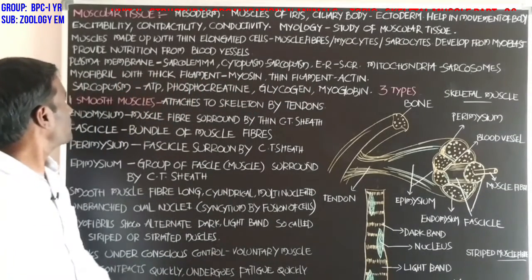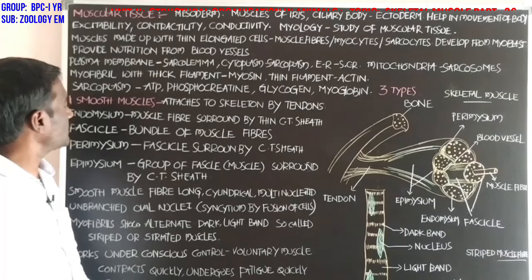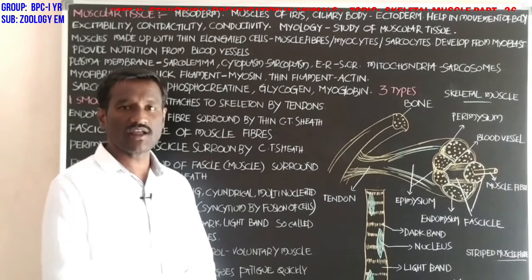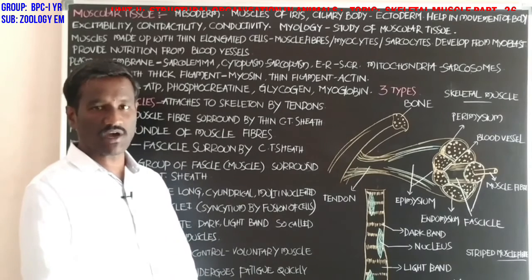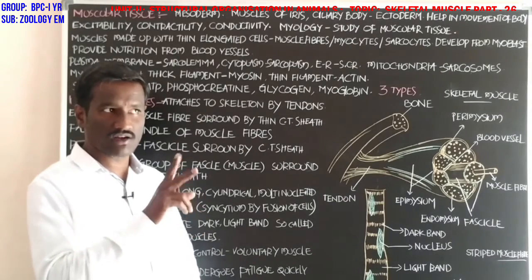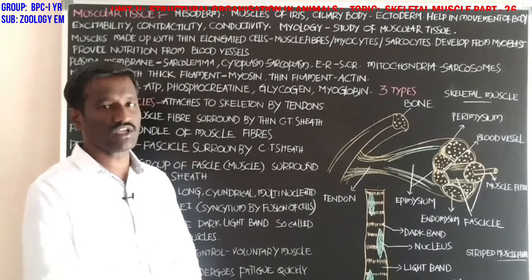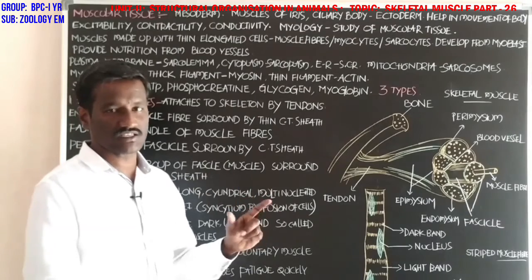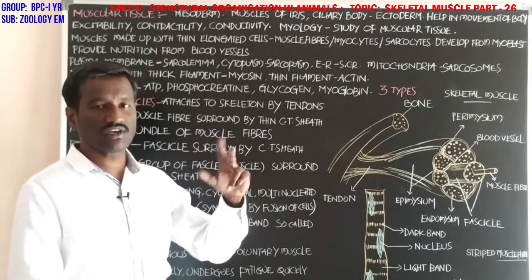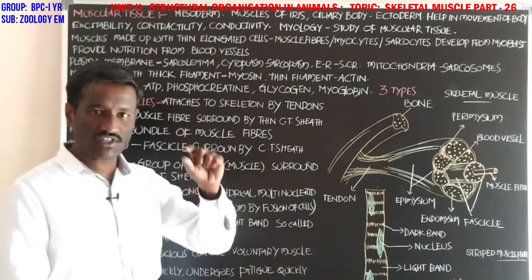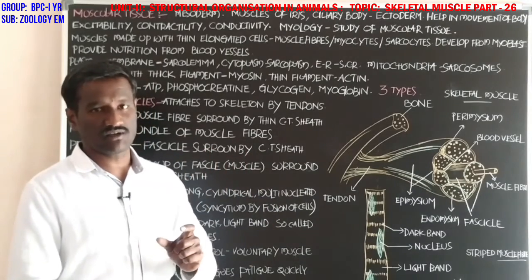Next, students, the myofibrils have thick filaments and thin filaments throughout their length. The cytoplasm of the muscle fiber shows two types of filaments, a thick filament and a thin filament.